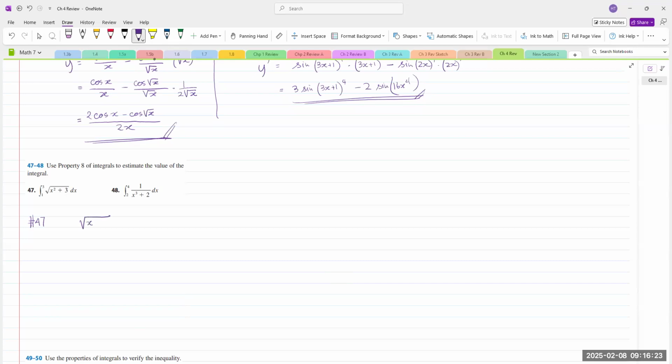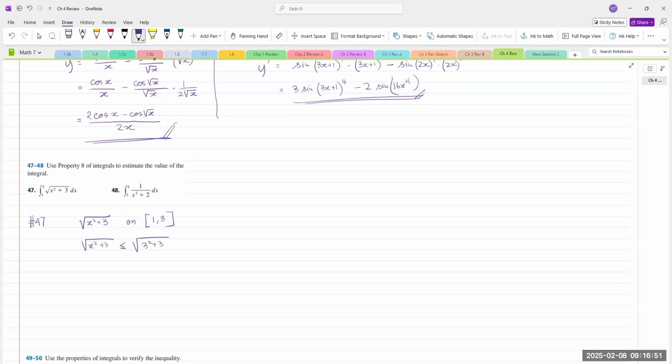Square root of x squared plus 3 on that interval 1 to 3, you see that it's increasing. I mean, x squared is an increasing function there, right? So we can say this square root of x squared plus 3 will be less than or equal to square root of 3 squared plus 3.